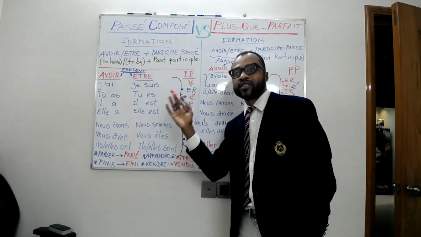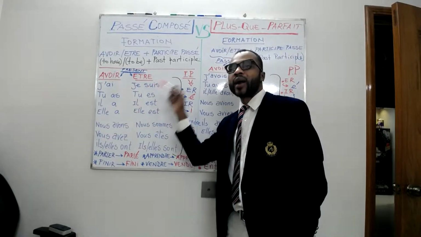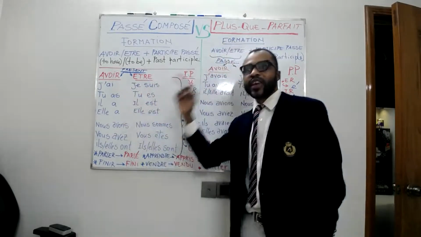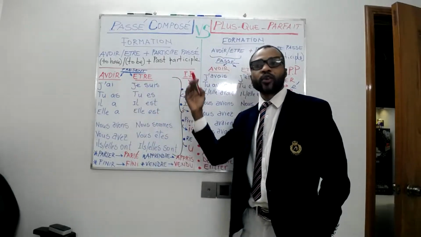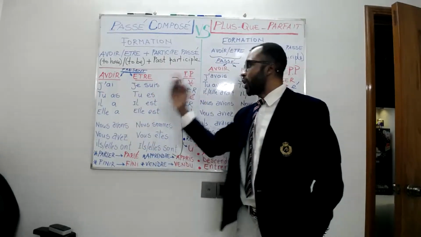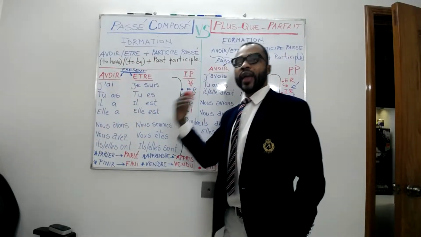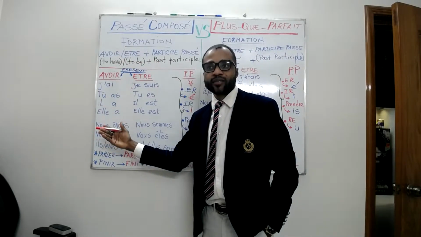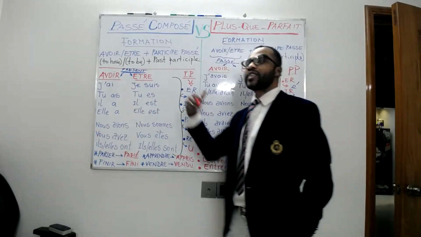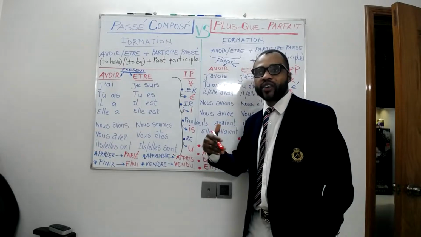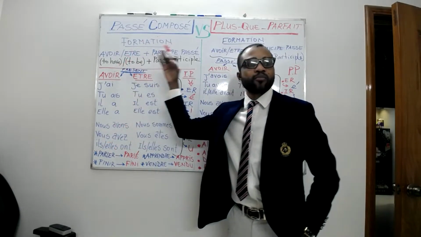So went is the simple past and gone is the past participle. To take, took and taken, so taken is the past participle. So if I want to use the present perfect, I will say, I have taken. I have gone. I have done. I have eaten. So this is the present perfect.